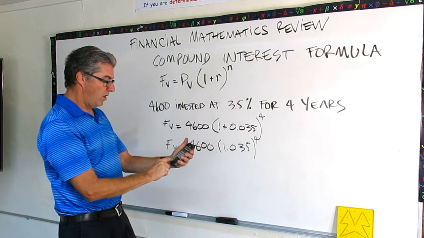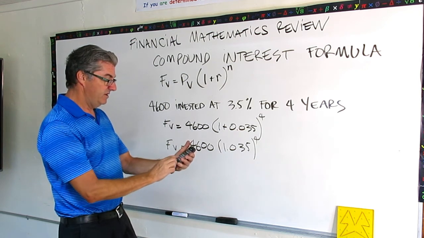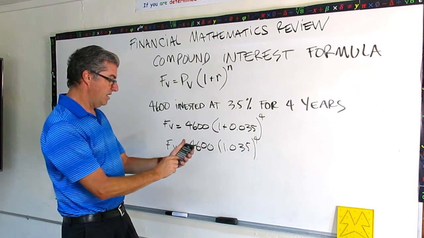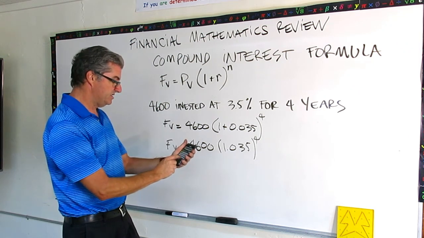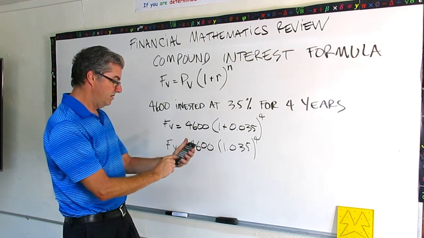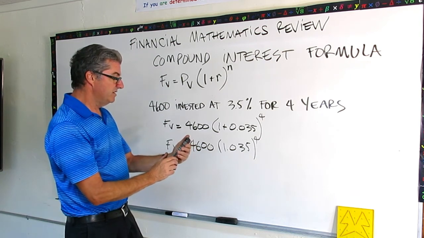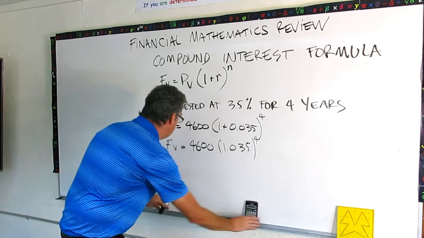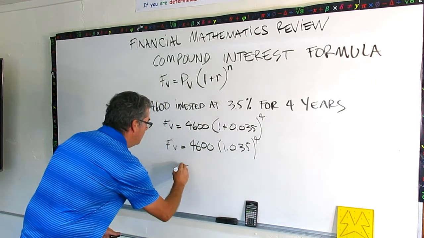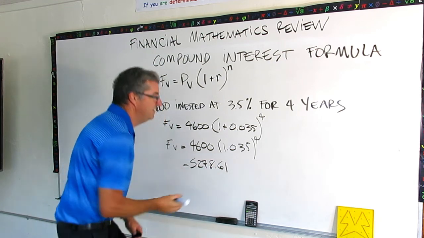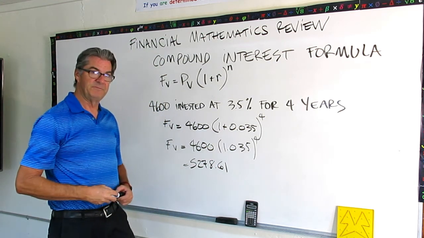I'm going to go 1.035 to the 4th power. That equals this number here, and then I'm going to multiply that by 4,600, and I'm going to get 5,278.61. So that's what you have at the end.